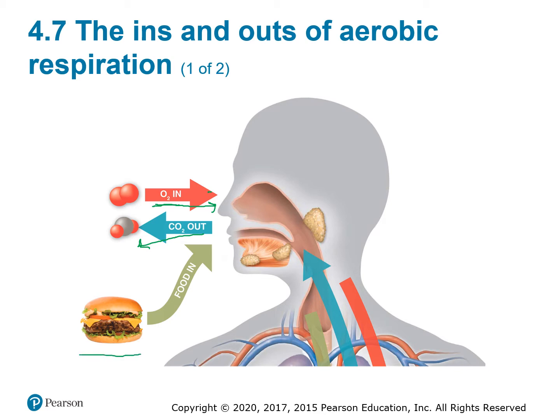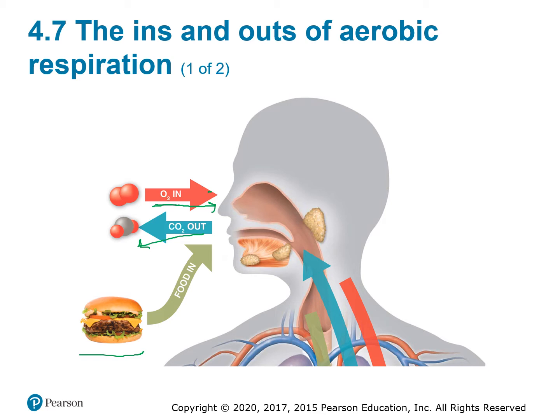Meanwhile, we take in food. Now that doesn't look like the healthiest food in the world, but it does have a lot of calories, certainly. The job of the digestive system is to break that food down, break those chemical bonds, and produce smaller molecules that can be used in cellular respiration to make the ATP that can be used when we want to run or jump or think or whatever.